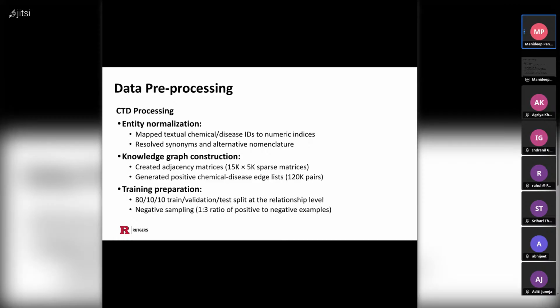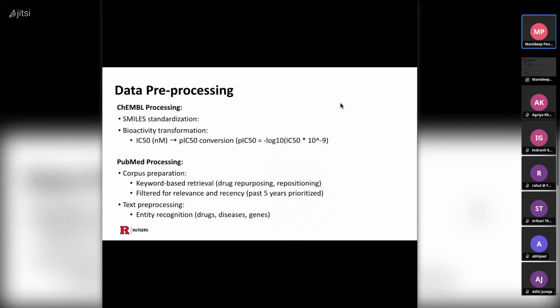For the training-test split, we decided on the split based on our experiments that gave us the best result. The other data sets are also done in a similar way, but a little bit different because they are not the same type of data sets.